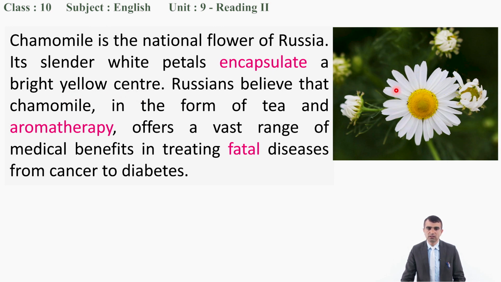These are petals, white petals, they encapsulate a bright yellow center. Russians believe that chamomile in the form of tea and aromatherapy offers a vast range of medical benefits in treating fatal diseases, from cancer to diabetes.